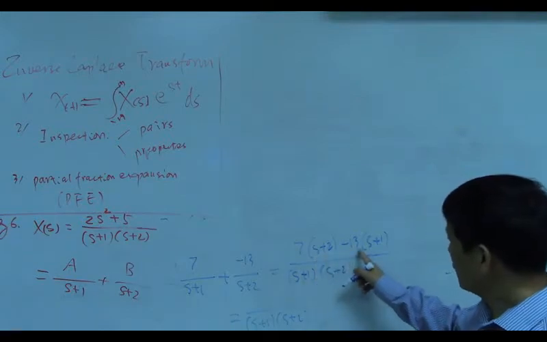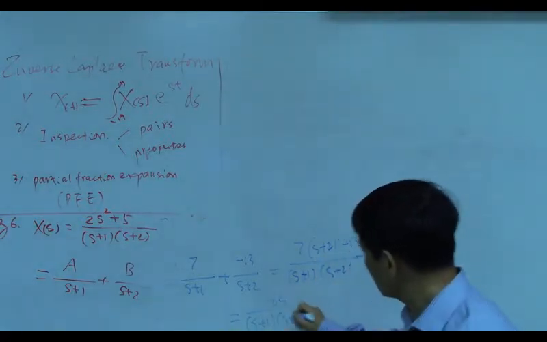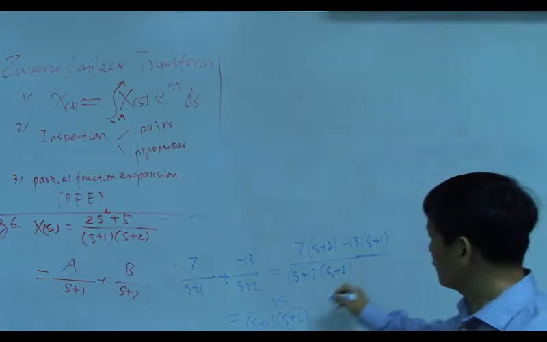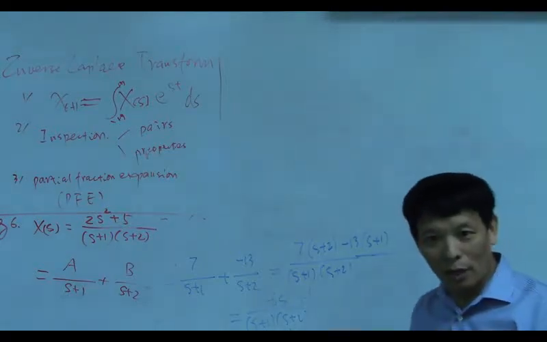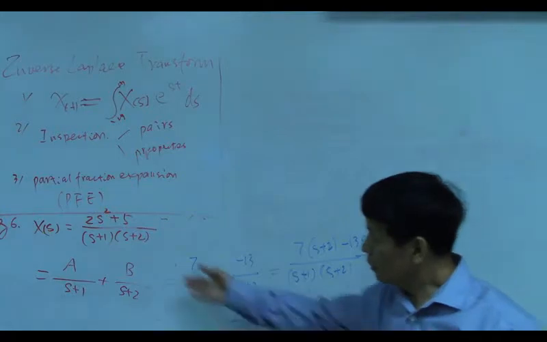7s minus 13s, so negative 6s. 14 minus 13 equals 1. That is what you get. Not equal to this one.